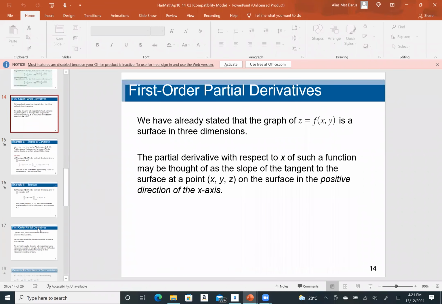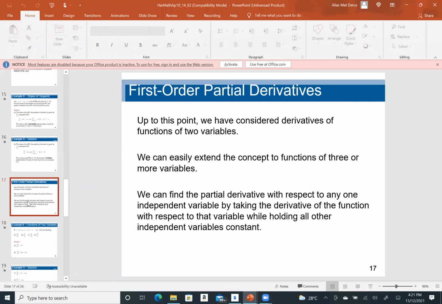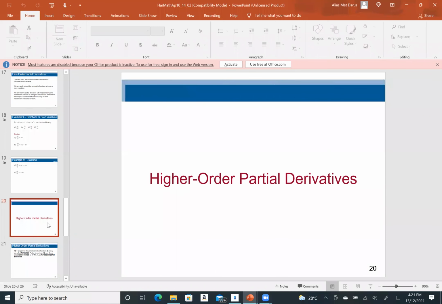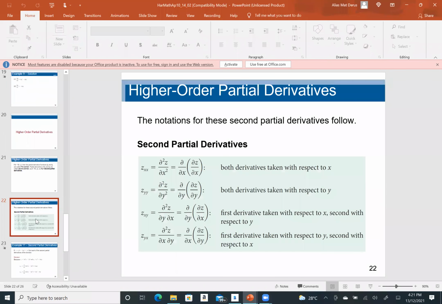Here, zxx: you take the derivative of the function with respect to x. In other words, I take the derivative of dz dx with respect to x, or d2z dx2. So that is zxx.